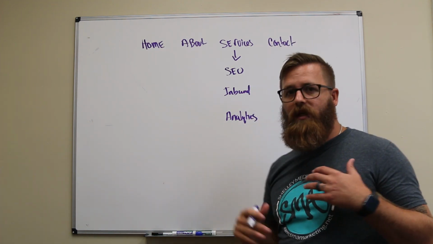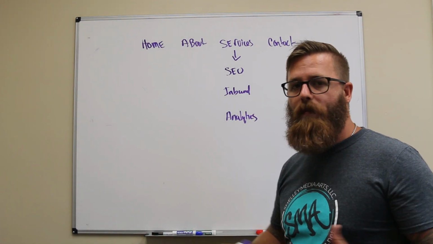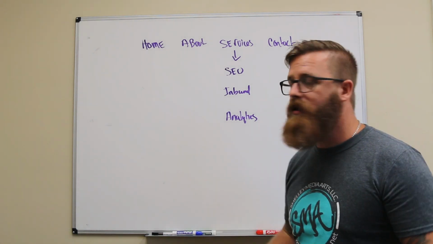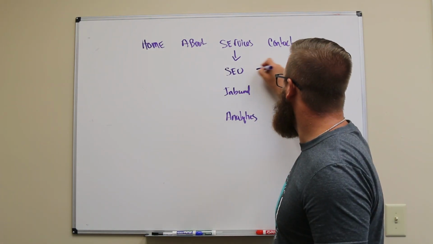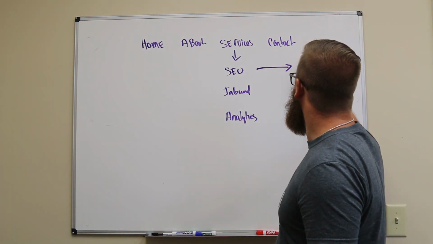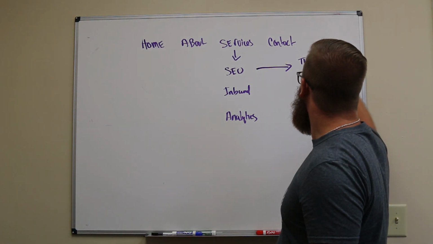Now, we can treat our service pages as core pages, or we can build a separate pillar page. A pillar page would be something like you've probably seen, like the Ultimate Guide to SEO.